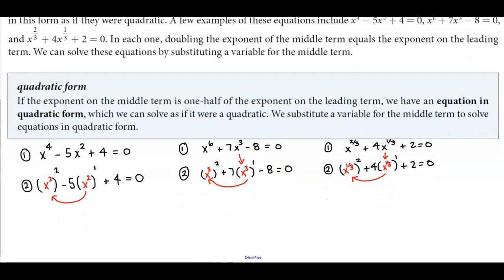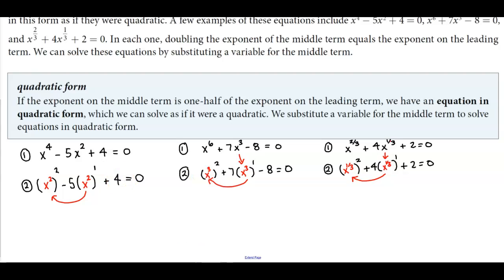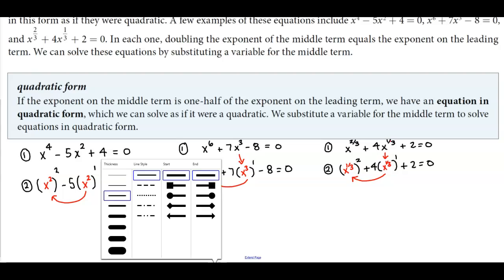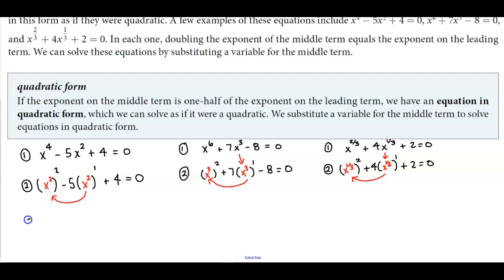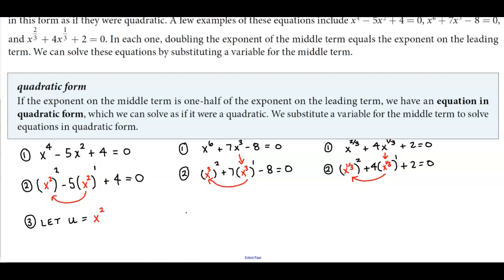And then we're going to do one more thing before we proceed. So the next step is, we want to use a substitution. And what I mean by substitution is we're going to let u equal the x squared that we just found as our substitution. Same thing with this example.